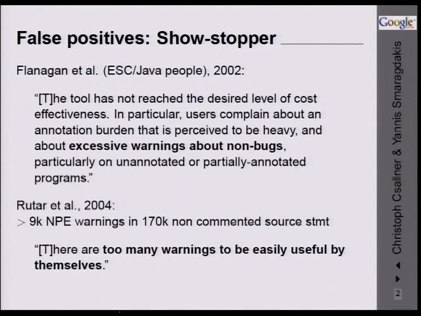Another study, a recent survey by Rutar and others, ran ESC/Java and other automatic bug finding tools on 5 different projects with a total of 170,000 source statements. ESC/Java alone produced more than 9,000 warnings for potential null pointer exceptions. So clearly that's too much, and the authors conclude that there are too many warnings to be easily useful by themselves.